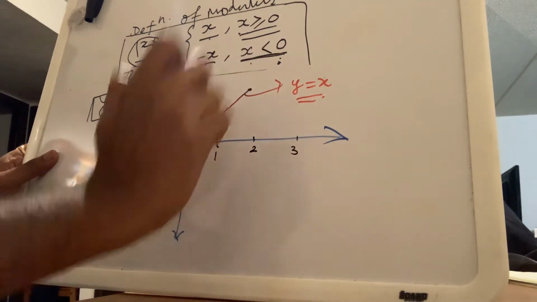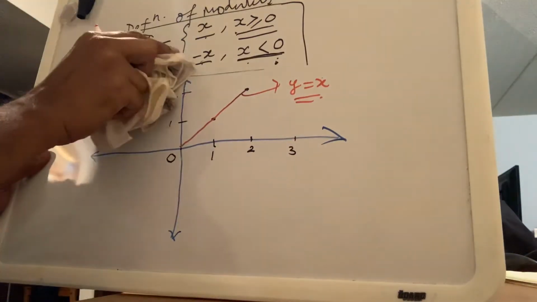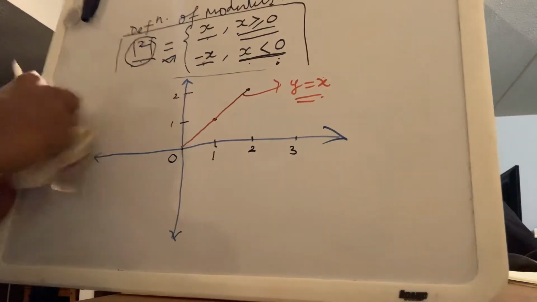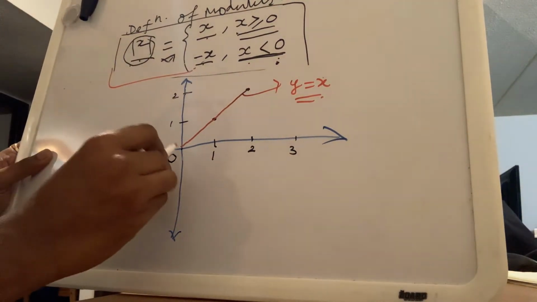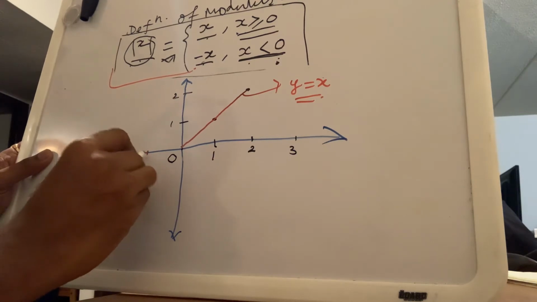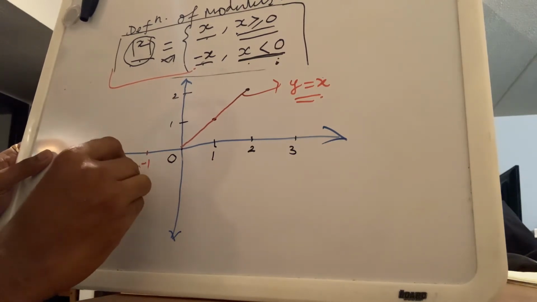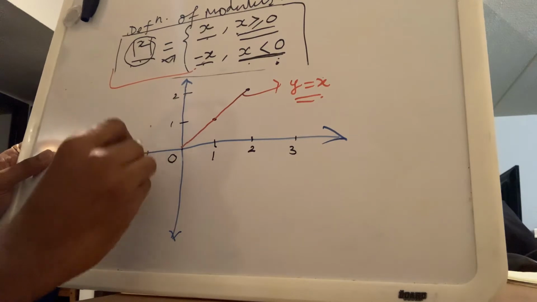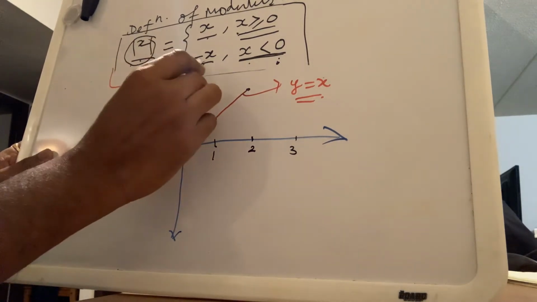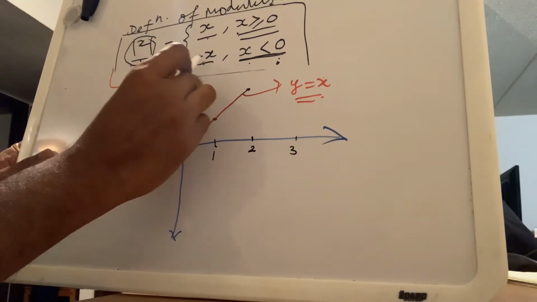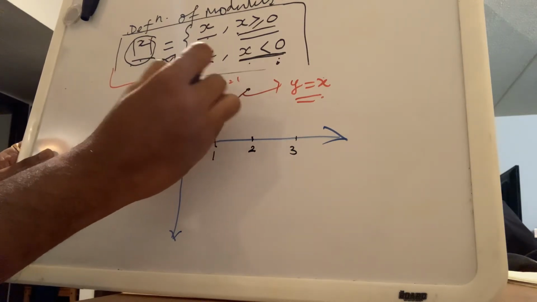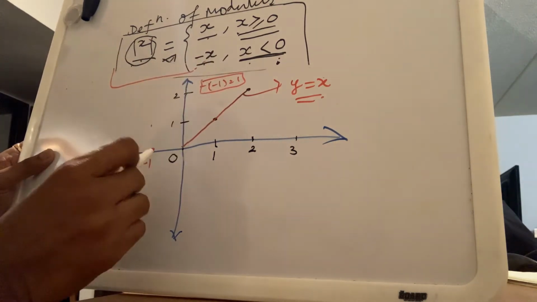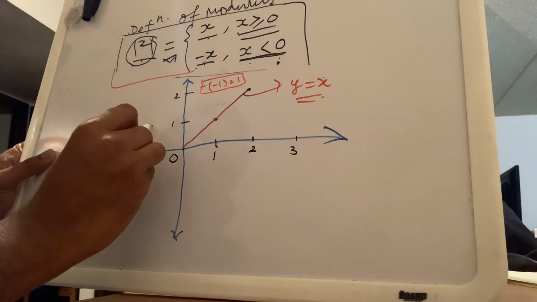Now what about y is equal to minus x? When x is equal to minus 1, y is equal to 1, because minus into minus 1 is equal to 1. I told you last time, right? So you come here.